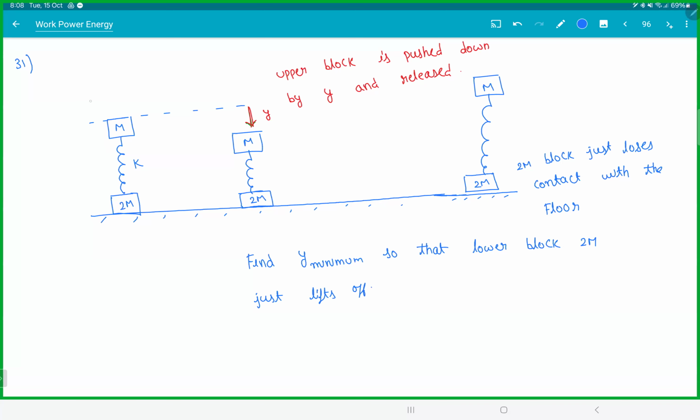Initially, the system is in equilibrium. Then you forcefully pushed the upper block by y, and then you released it. And as this block m started going up, in this process, the lower block lifted off the ground. I hope the scenario is clear, everyone.